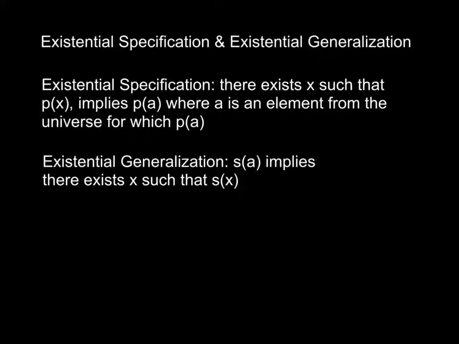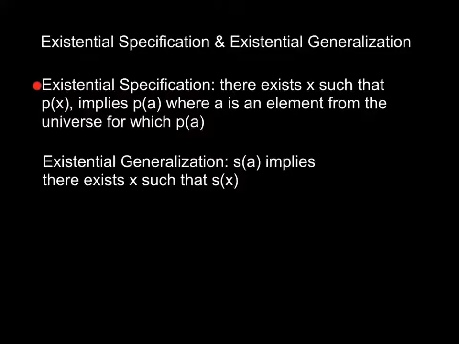So the first one we'll discuss is existential generalization, since it's a little bit easier. We're saying if we know there's a value a that makes s of a true, then we can make the existential statement, there exists a value x such that s of x is true, in particular s of a.